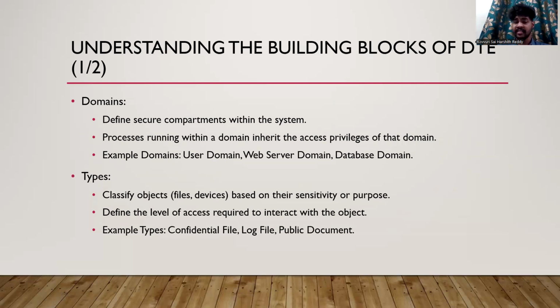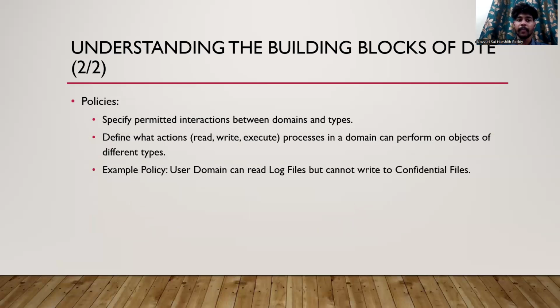Types classify objects like files and devices based on their sensitivity or purpose, and define the level of access required to interact with the object. Examples are confidential file, log file, and public document.